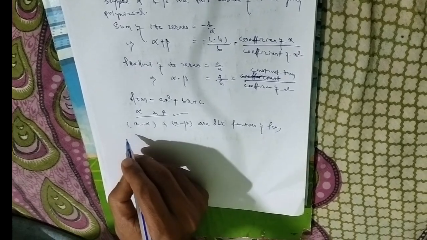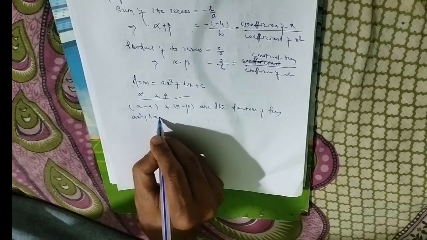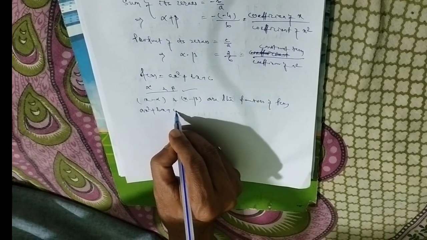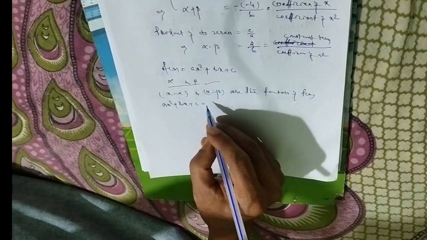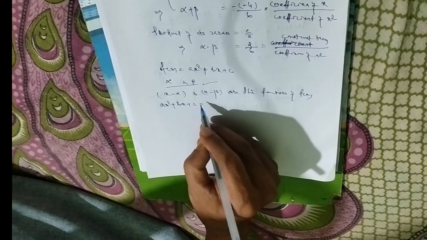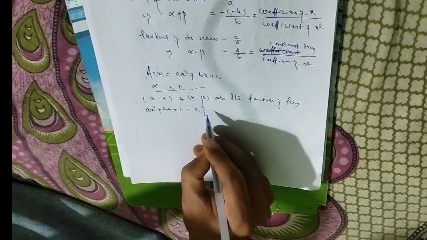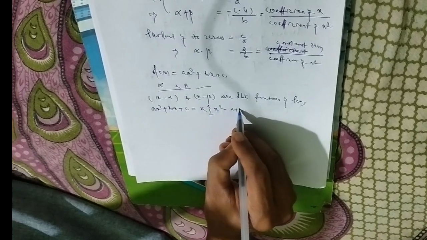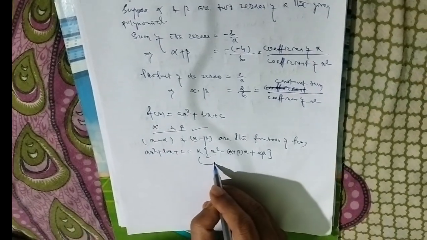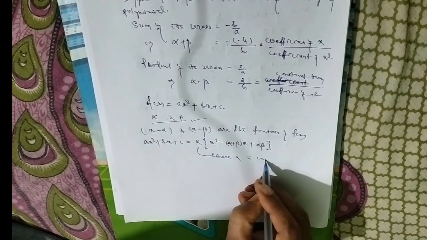Here ax square plus bx plus c is equal to k into x square minus (alpha plus beta) x plus alpha beta, where k is a constant.